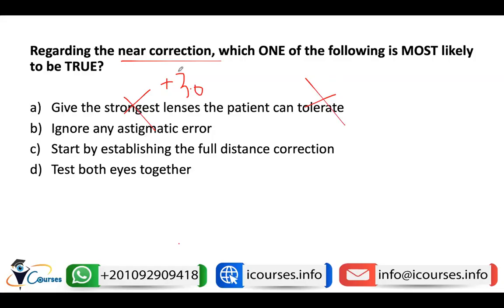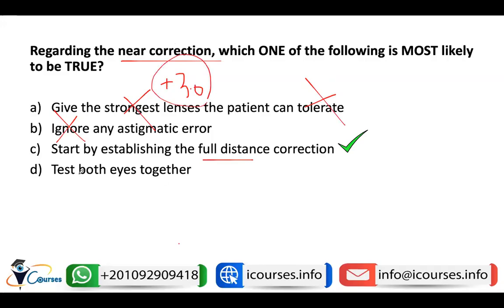We should start our near correction by first establishing the full distance correction. So we should correct the distance spherical error, like myopia or hypermetropia, together with correction of any astigmatism that is present, in order to mount the near correction over it. This is the true answer.